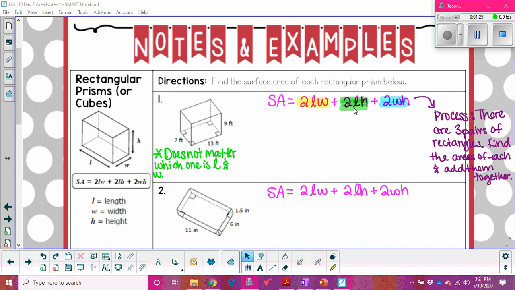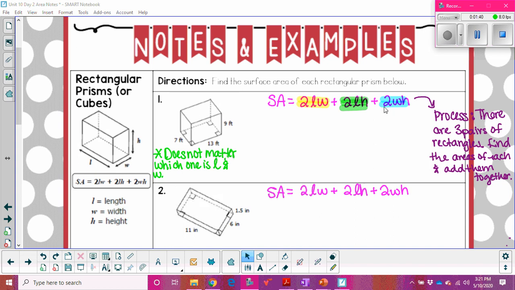And then the second part, you're going to do the length times the height. You can look at this a couple different ways. You can do this rectangle, which is 7 by 9 here, and that would be these two rectangles on the side.